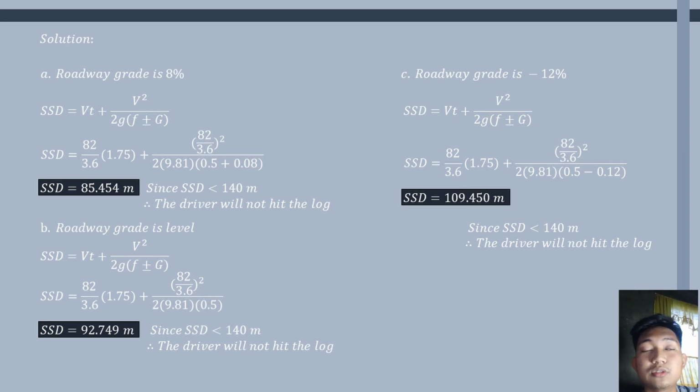Last condition, letter C, the roadway grade is negative 12%. Again we use the same formula, so we just substitute: 82 over 3.6 times 1.75 plus 82 over 3.6 raised to 2 all over 2 times 9.81, the g, times 0.5, the coefficient of friction, minus the grade, negative 12%, so negative 0.12.